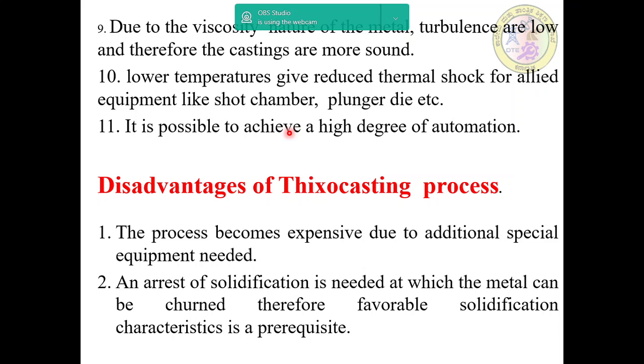This could be accomplished only if the cooling curve of the metal or alloy is known. For those new alloys for which such curves are not available, it has to be first determined. That's also one main drawback of this thixocasting process.